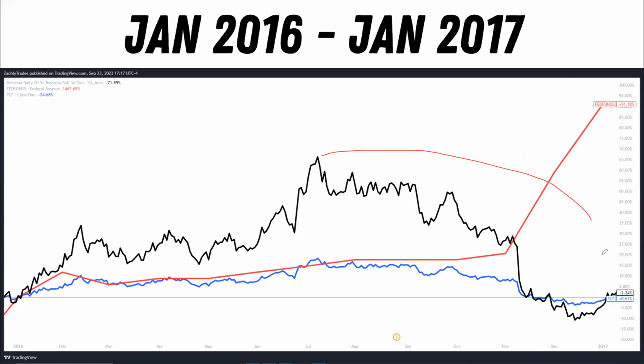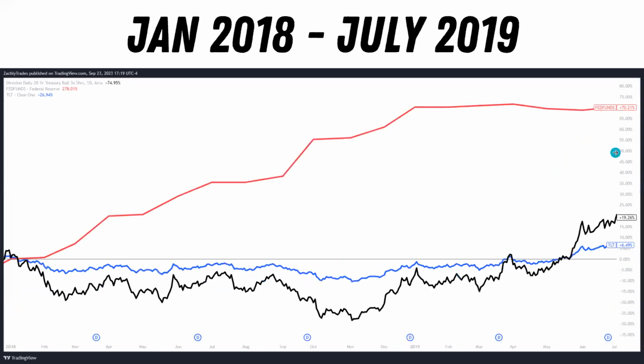And what happens? Well, TLT and TMF both start to tank. Now, what's really amazing about this is look at the performance here. TMF in this time period was actually positive 2%, and TLT was positive 0.63%. Just really, really interesting stuff that I want you guys to see and be aware of.